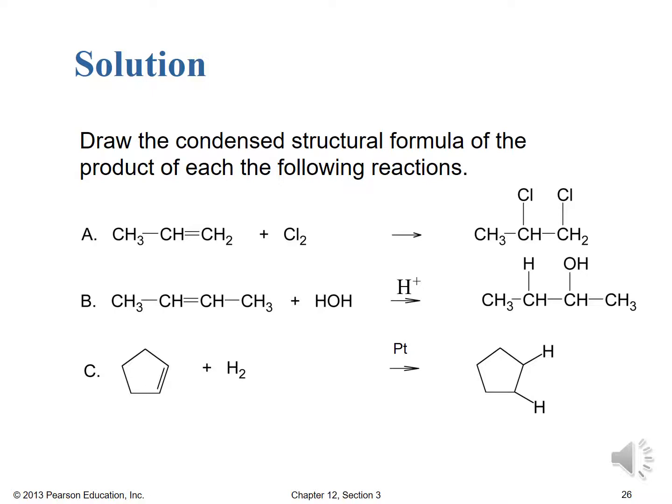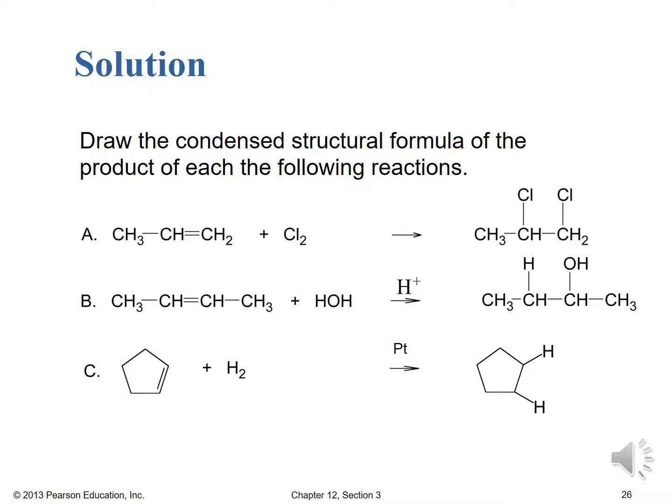For B, now we do have quite a bit of thought involved with this hydration because we have to consider whether or not we have to worry about Markovnikov's rule. Now, if we look, because it's a 2-butene, whether it's cis or trans wasn't specified, but because it is indeed a 2-butene, we have to be thinking about whether there's somebody who has more hydrogens than the other.